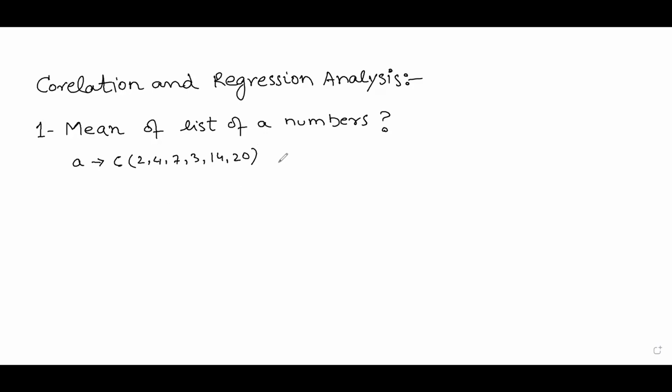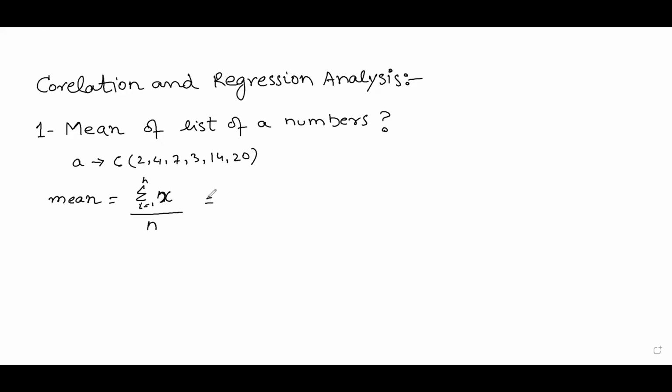So how will you calculate the mean value? Mean will be the sum of all the numbers, i equals 1 to n, divided by n. Let's say this one is not n, this one is x. This is the summation. Sum of all the numbers from 1 to n divided by n.